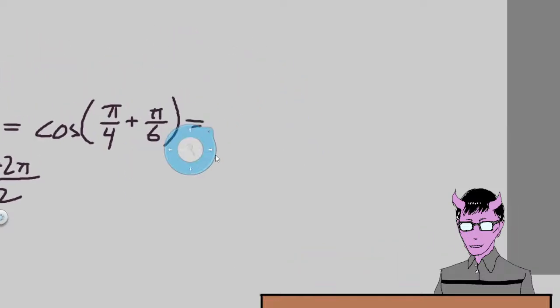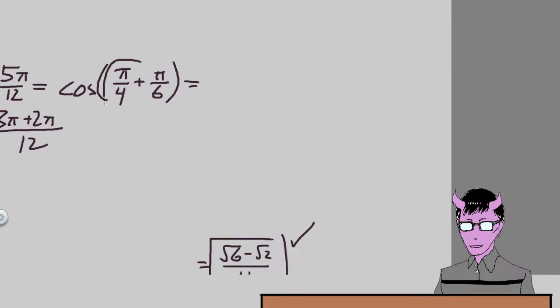So let's speed run this just a little bit. We have this one, so it's going to be cosine, cosine, sine, sine. Trig functions together. Don't keep the same sign. That's the first one, pi over 4, and pi over 4. That's the second one, pi over 6, and pi over 6.